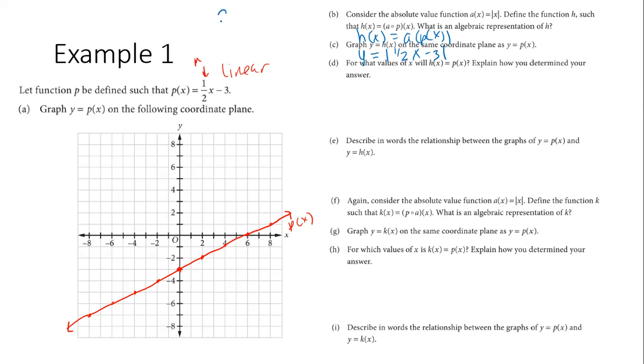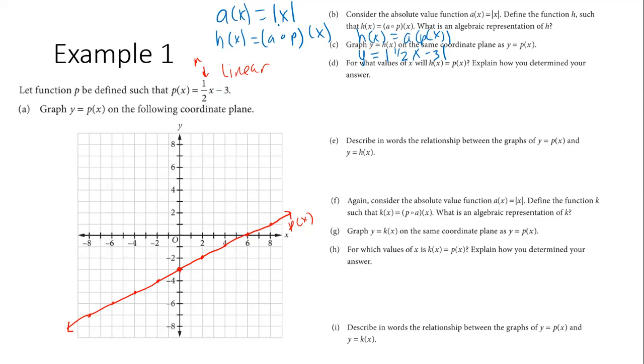And that's because it says a of x equals the absolute value of x, and h of x is the composition, a composed of p at x. So it's telling me it wants me to take p of x and plug it into the absolute value. Does that make sense? Okay.